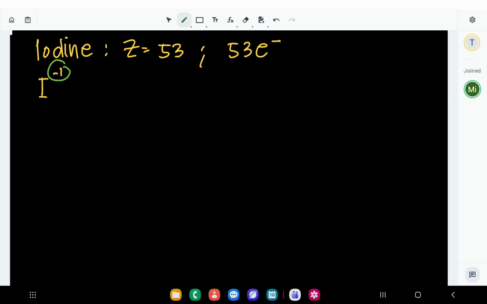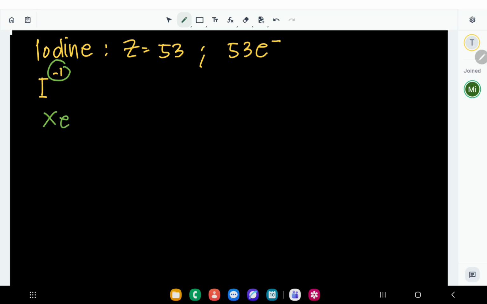The noble gas closest to iodine, just before it. Xenon, from the periodic table. Okay, so it's xenon, the noble gas.